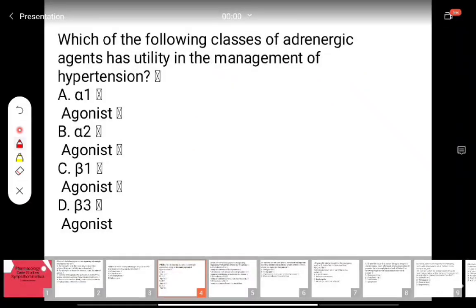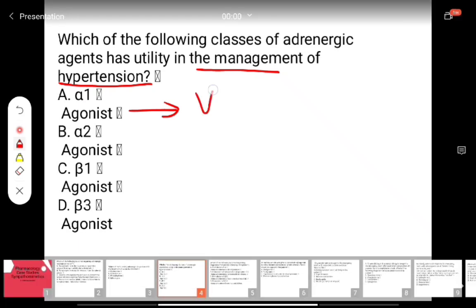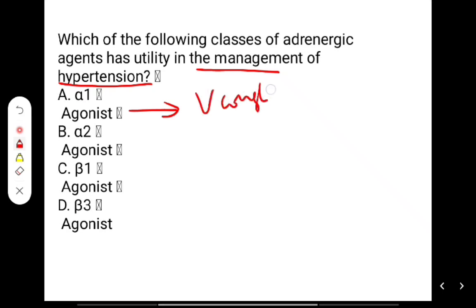Which of the following classes of adrenergic agents has the utility of managing hypertension? Alpha 1 agonist. Alpha 1 causes vasoconstriction. Beta 2 agonist. Alpha 2 agonist. They are located in the presynaptic terminals and they reduce the release of norepinephrine and so lead to low BP.